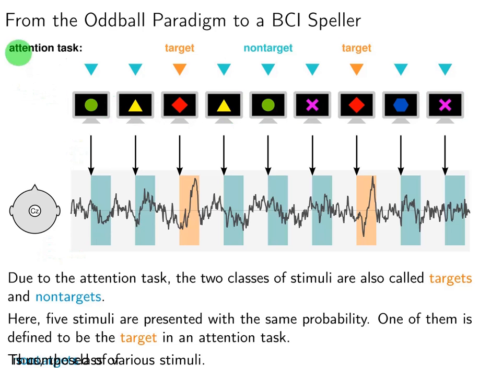Then the user decides which one of them is target and which one of them is non-target based on his or her attention. So due to the attention task, the two classes of stimuli are called target and non-target. In this case, we have 5 stimuli presented with the same probability. One of them is defined as target in an attention task.